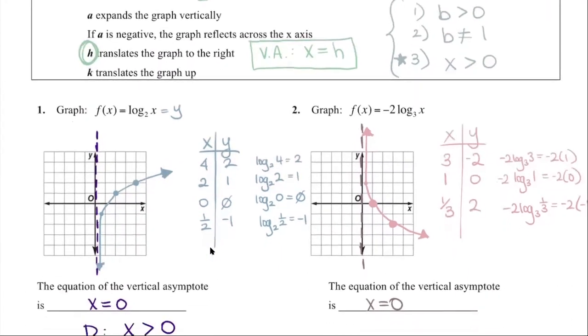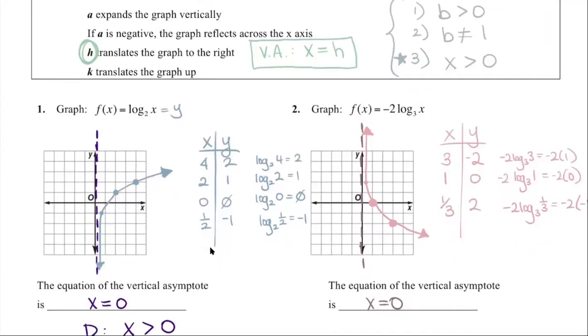All right, other things I want you guys to notice. Notice how the base connects with what you plug in for your x, right? So the easy numbers when it was base 3 was 3, 1, and 1/3. The easy numbers to plug in when it was base 2 was 2.